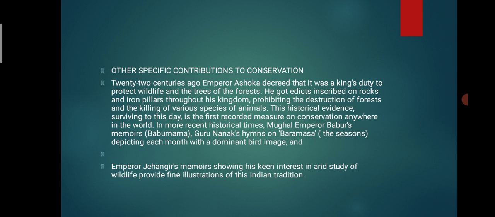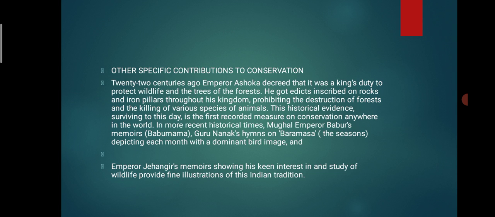Other specific contributions to conservation. Long ago, Emperor Ashoka decreed that it was the king's duty to protect the wildlife and trees of the forest. He issued edicts inscribed on rocks and iron pillars throughout the kingdom, prohibiting destruction of forests and killing of various species of animals.